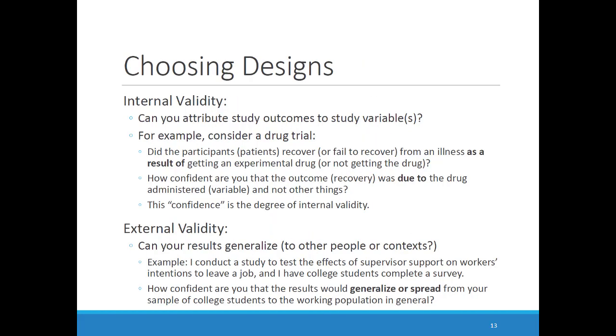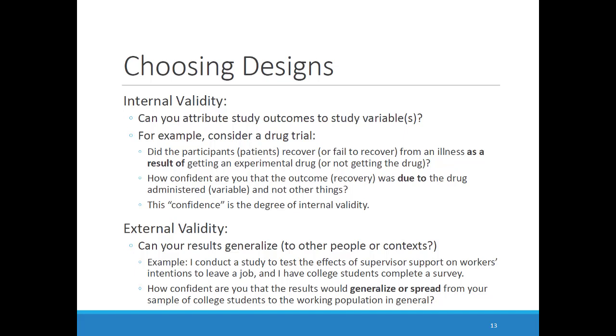All right, so we are going to get more into talking about different methods, but before we do, I want to go over two types of validity that are really important to keep in mind. So you need the background on these types of validity in order to understand the pros and the cons of different types of experimental and non-experimental methods.